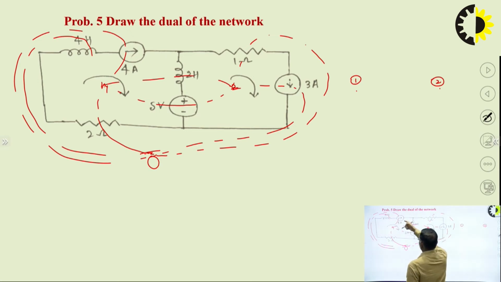So first we draw this voltage source. This mesh current is supporting the direction of this source current 4 ampere.